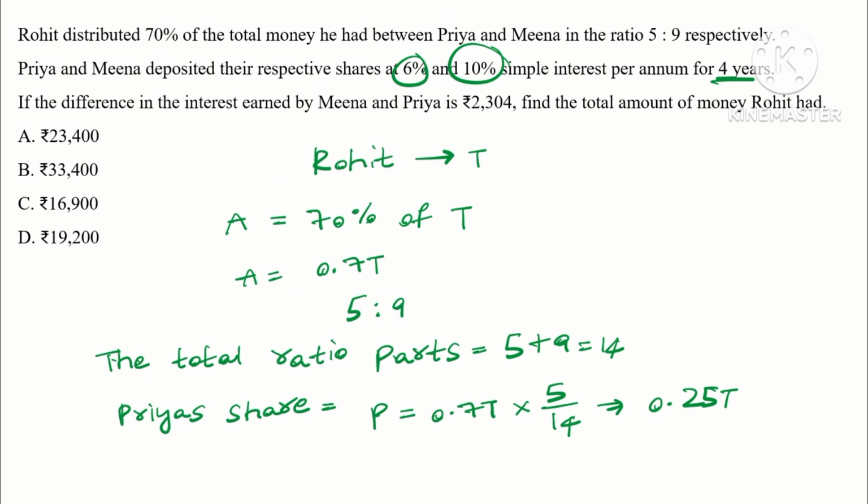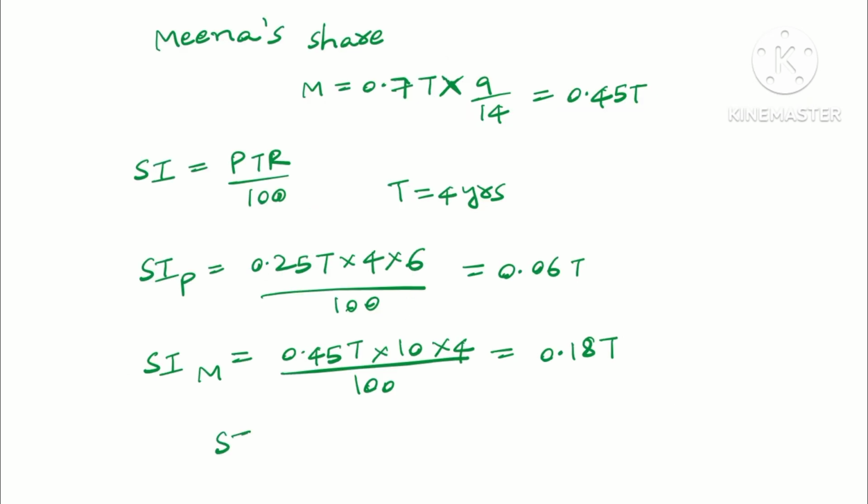Here they given the difference of the interest earned by Meena and Priya is 2304. So let's do simple interest of Meena minus simple interest of Priya equals to 2304.